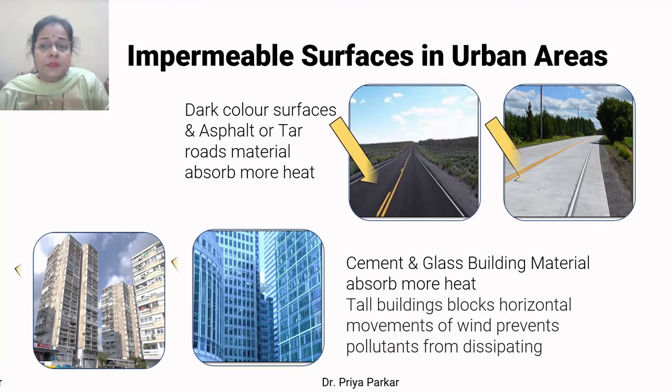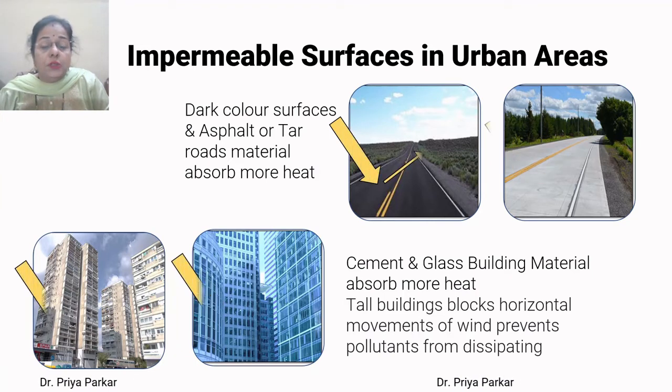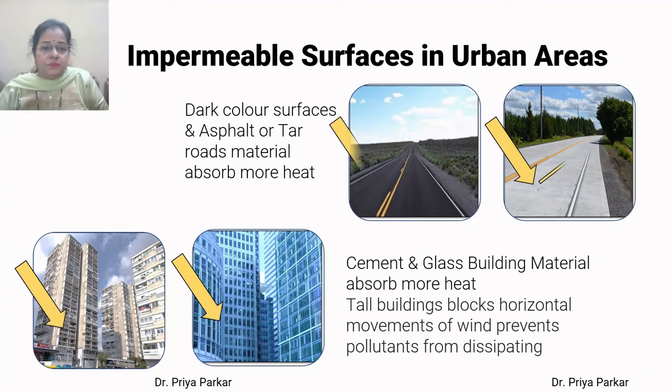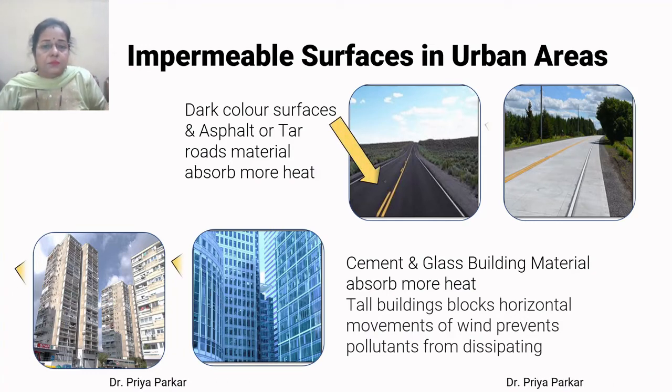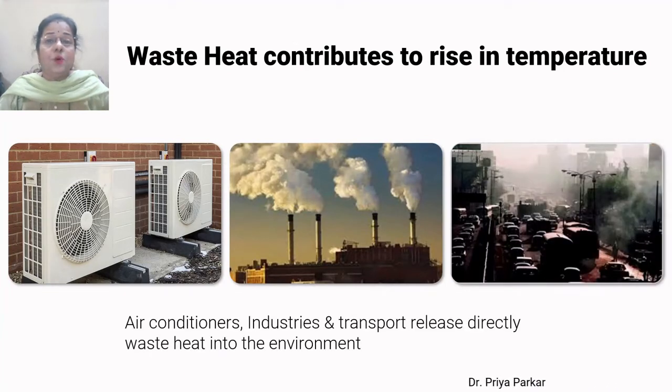Impermeable surfaces do not absorb water, which prevents cooling through absorption of water. Waste heat released from appliances such as air conditioners, refrigerators, hot smoke from industries and vehicular emission also contributes to the problem of urban heat island.